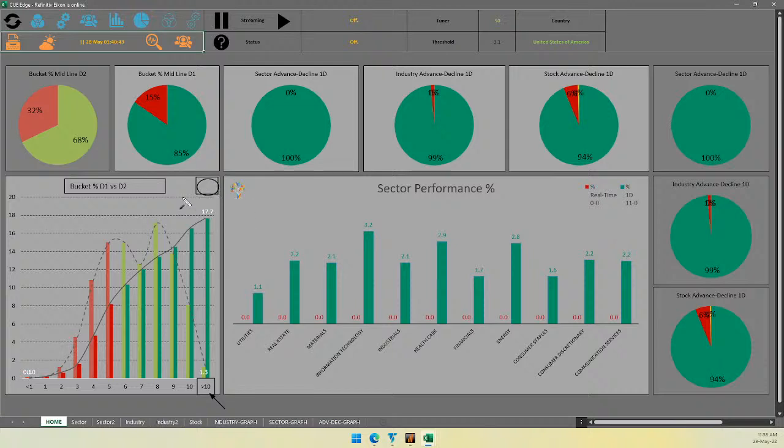So from that angle it is not overbought. It has a long way to go. Currently it is only at 17.7%. That's another reason I am not thinking the market will stop going up.